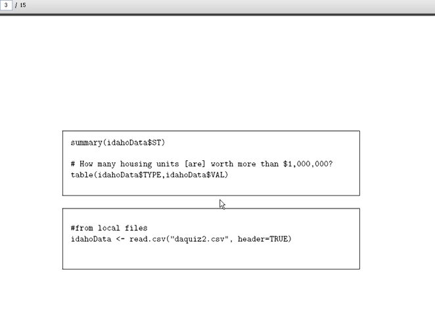So let's get a quick look at the types of units that come as part of TYPE. To cut to the chase, that's the important variable that we have to look for.